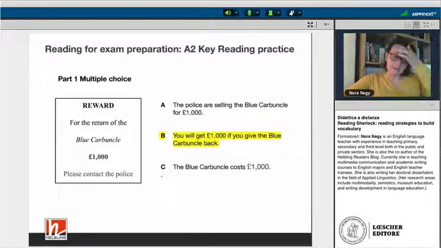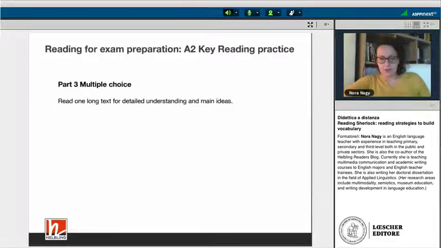All right, so this is part one multiple choice activity type. Moving on, I will show you another example from the exam. Part 3 is a multiple choice exercise.